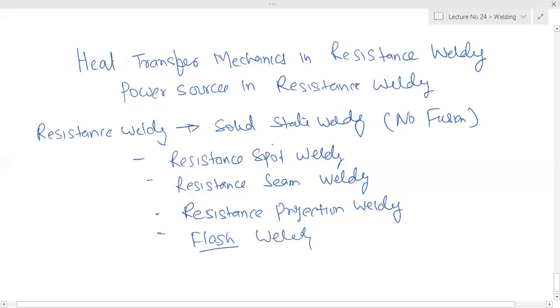This flush welding comes under the category of resistance welding, and it has no fusion. So all are resistance welding.